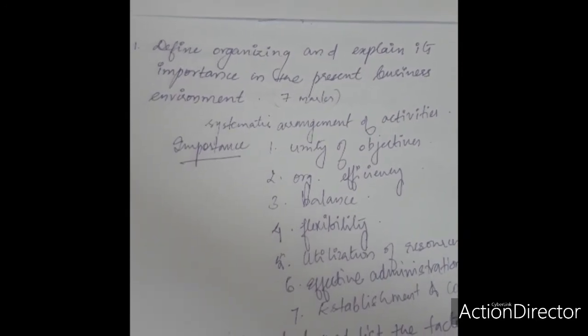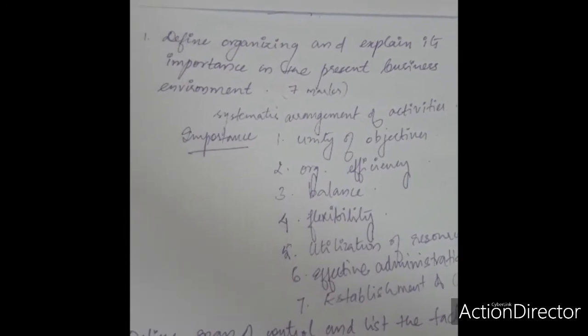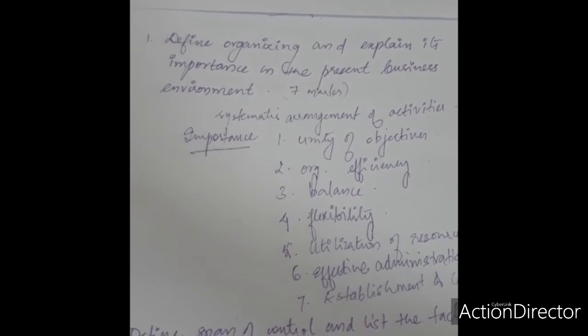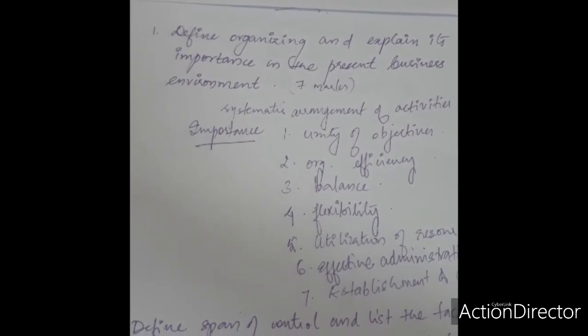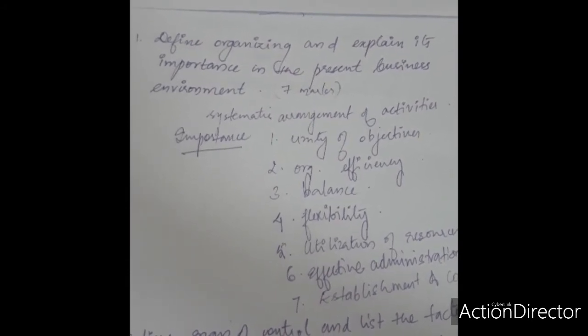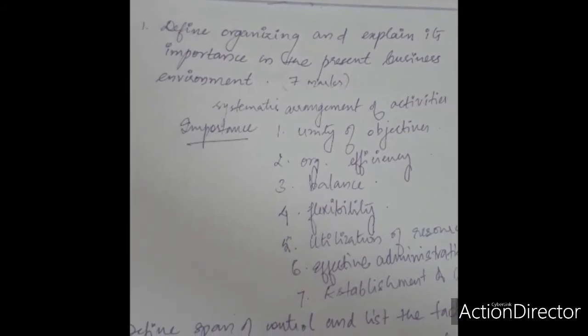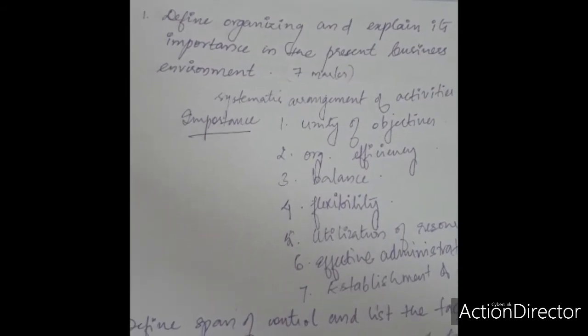Both the organization and the employees should have a single focus on the effectiveness of the organization. Secondly, it is organizational efficiency. According to this, the structure of the organization should be planned so that the organizational objectives can be attained within the lowest possible cost. So our main objective is producing maximum result with minimum effort and minimum cost.